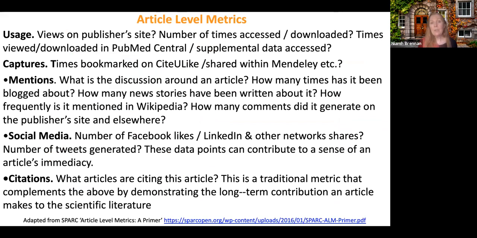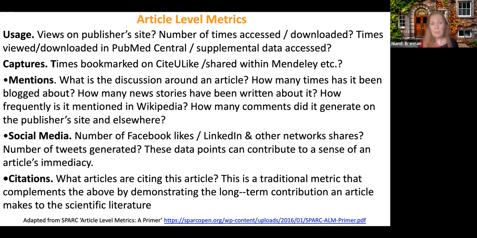So these article level metrics are recommended by DORA and by most reviews of research evaluation that are making recommendations about how to reform research evaluation. They're calling for author level metrics and article level metrics. So we're looking at metrics at these levels, and not at the level of the journal.